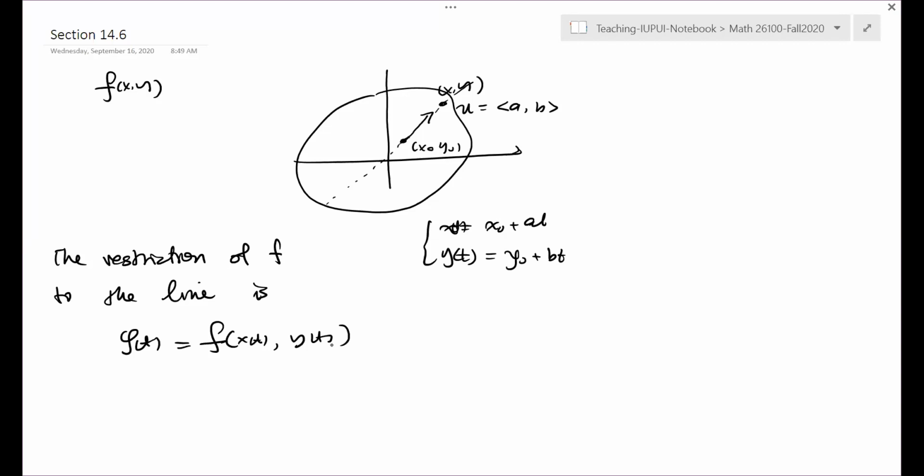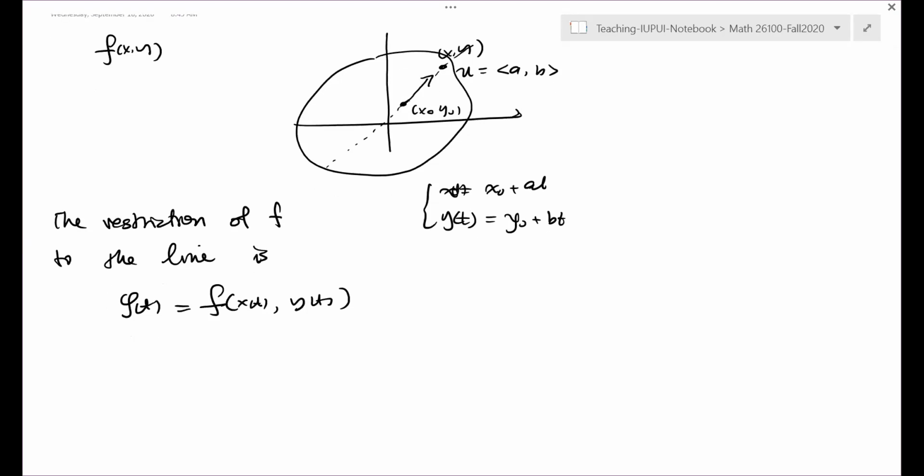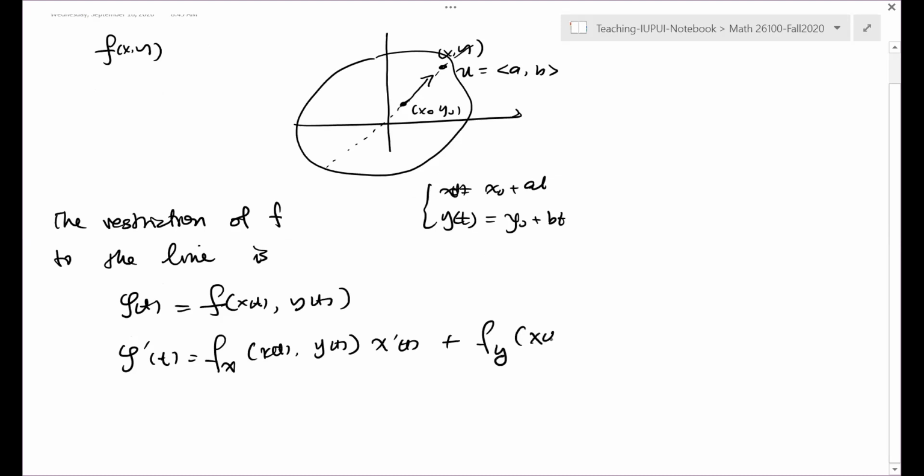Then we can talk about the rate of change of the function along this line, okay? So the rate of change of the function along this line is going to be a derivative, right? So differentiate this. Assuming the function f is differentiable, you'll get f_x at x(t), y(t), times x prime of t, by the chain rule, plus f_y at x(t), y(t), times y prime of t.